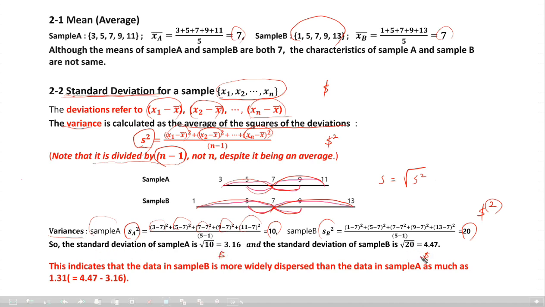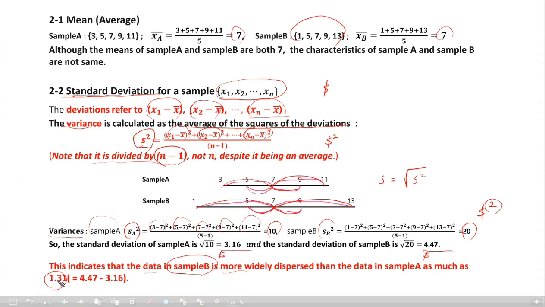So we can compare the standard deviations, 4.47 and 3.16. This indicates the data in sample B is more widely spread than the data in sample A, by as much as 1.31. 4.47 minus 3.16 is 1.31.